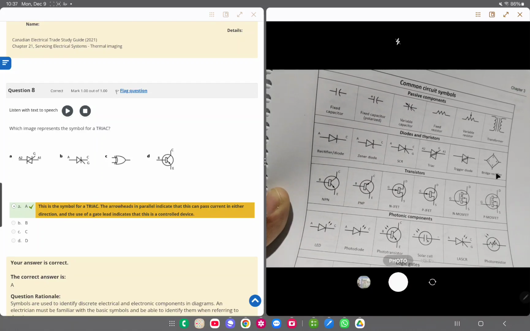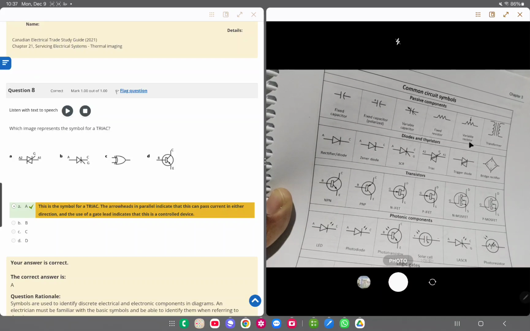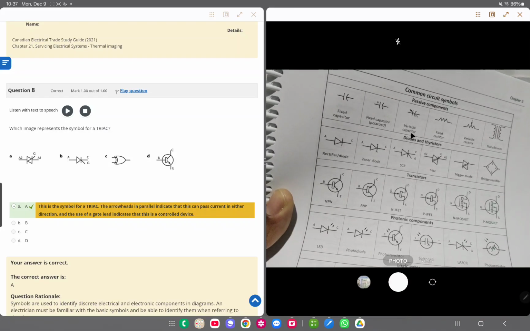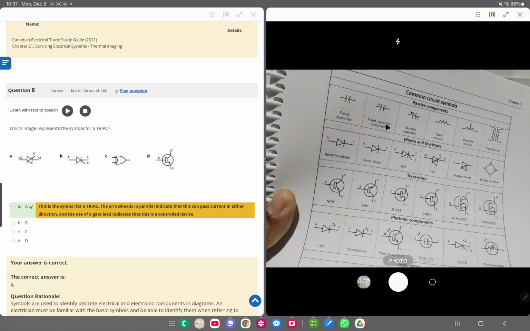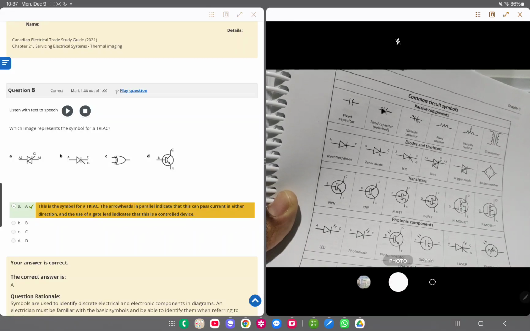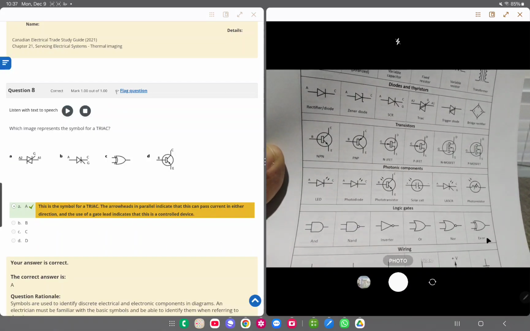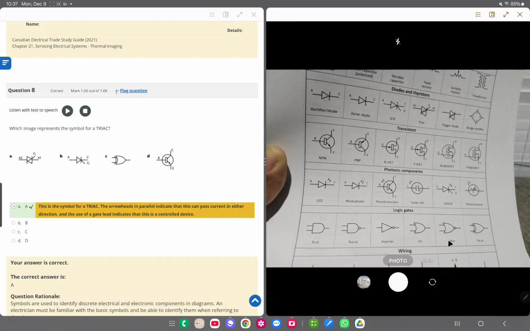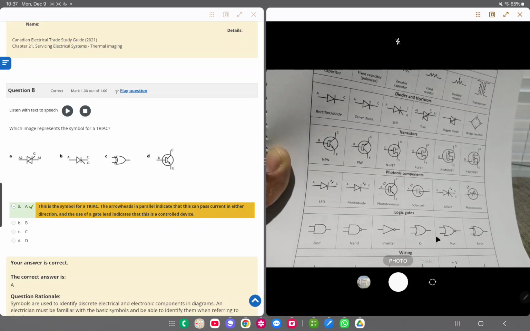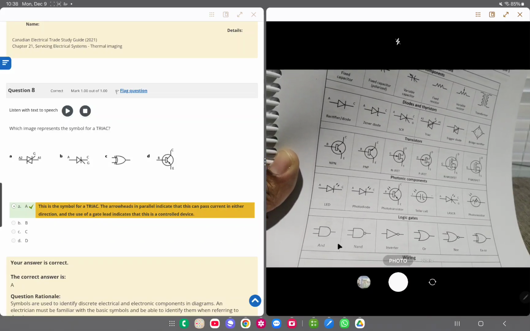We've got the symbols of a transformer, variable resistor, fixed resistor, variable capacitor, fixed capacitor. One is polarized because it has that positive. And then we have the XOR, we have the NOR, right, with the circle at the front of it. We have an OR, we have an inverter, we have a NAND, and we have an AND.